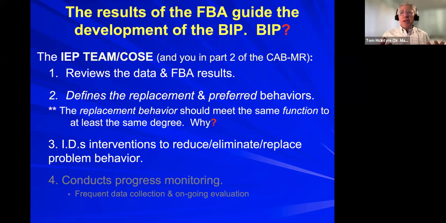It's not giving me what motivates me to show my present behavior. I need that same function met, at least to the same degree, or else I'm not changing my behavior.